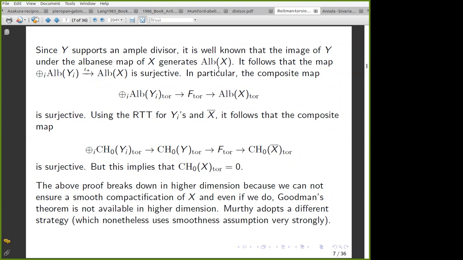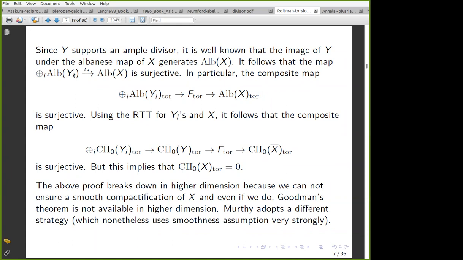If it does not, then you go modulo the Albanese of Y, and you get this map, and you can choose a point p in Y itself, which takes Y to 0 in the quotient Alb X mod Alb Y. But then you have a morphism of varieties in which the whole Y is in the fiber, but no fiber of a map can be ample. So that is a contradiction. So it must generate the full Albanese.